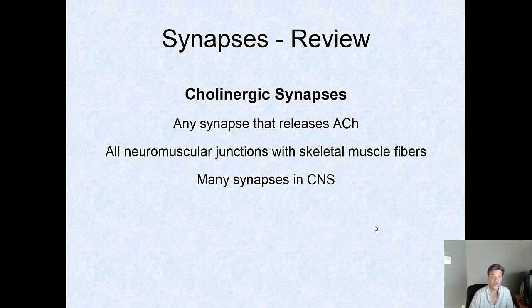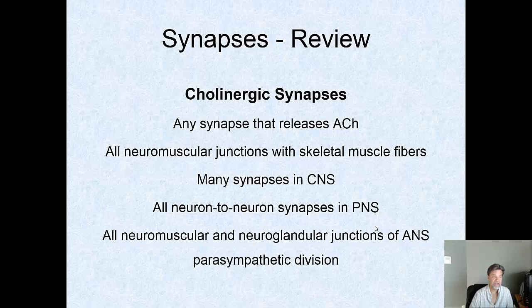We'll talk about that in more detail here in a bit. Turns out that all synapses in the peripheral nervous system that are neuron to neuron utilize acetylcholine. You'll see that when we get to A&P2, the first chapter. And then all glands function due to actions caused by acetylcholine.